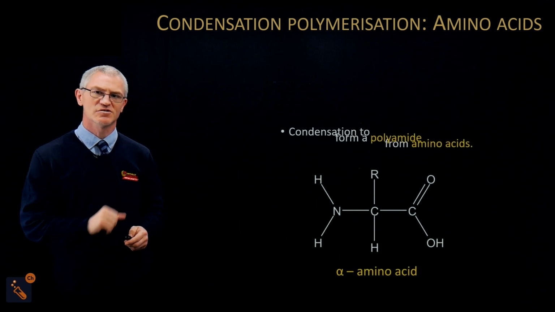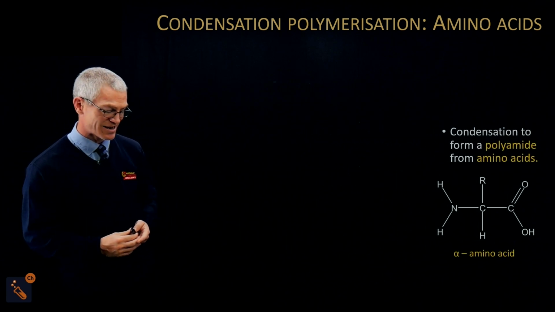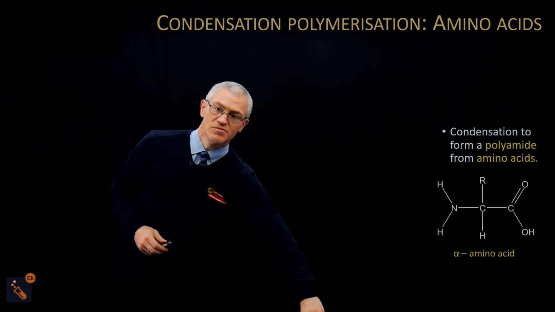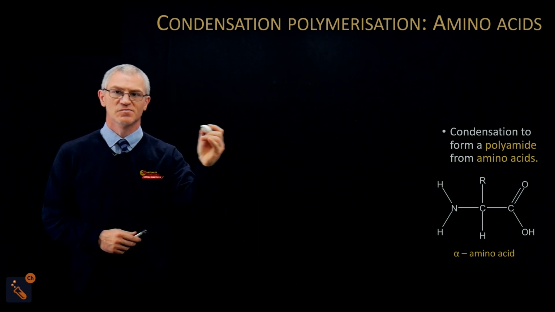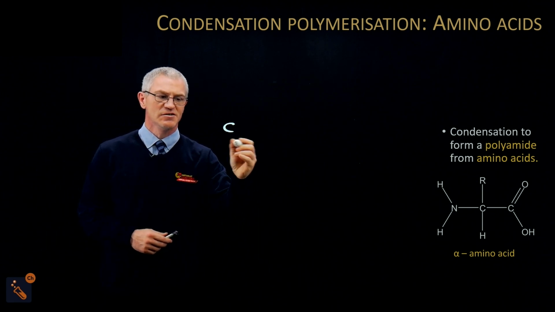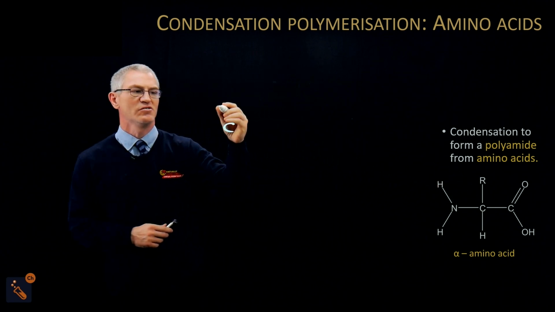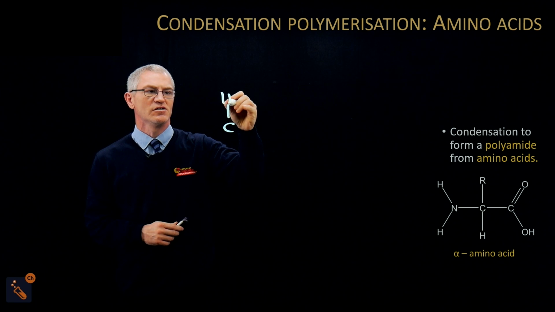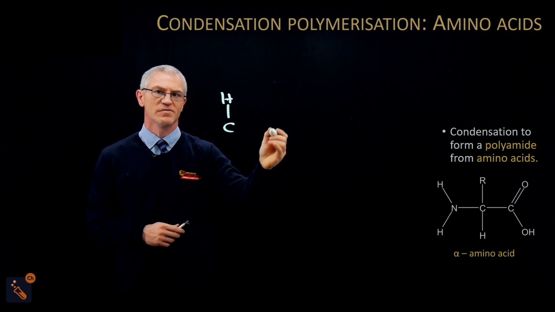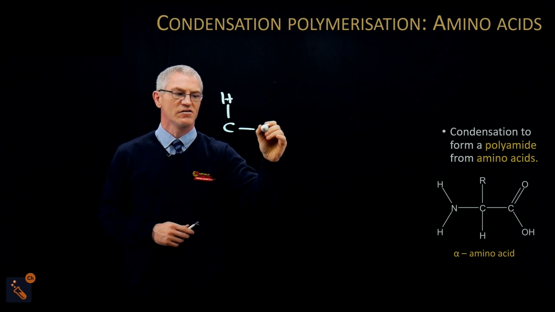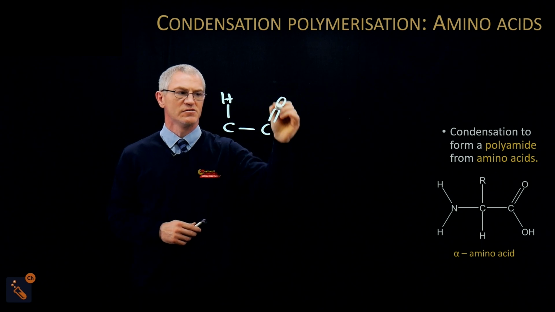But let's move it across and talk about this as an example and show you a repeating unit of this. So first of all, we're going to do glycine. That means our R group, which is down here, is just going to be an H. So there is our H, and then we have our carboxylic acid here.